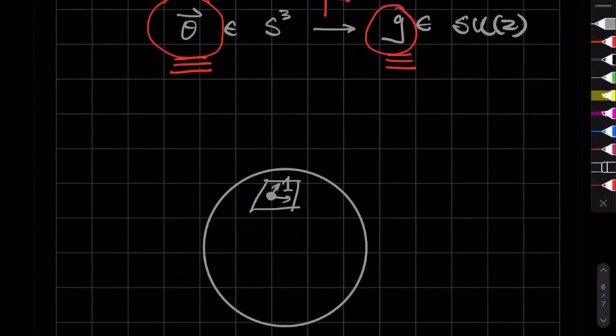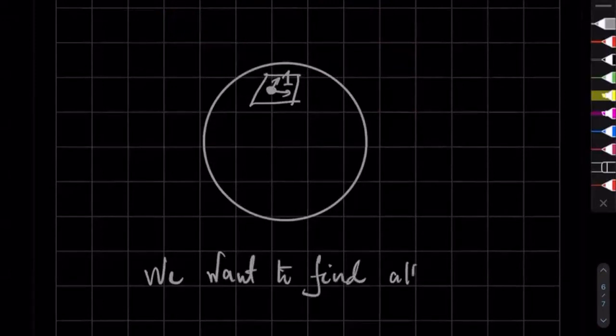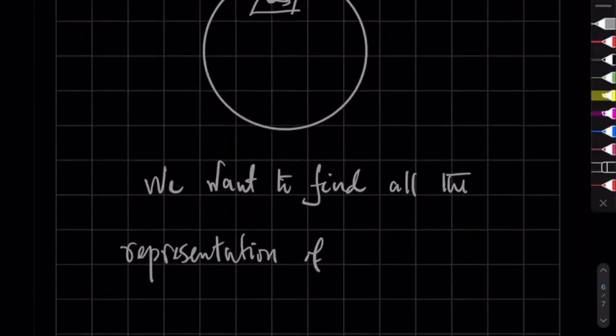And we want to find all the representations of a Lie group, right?